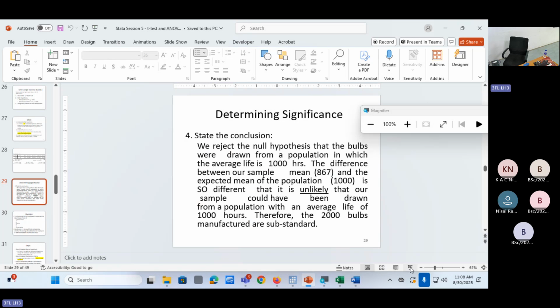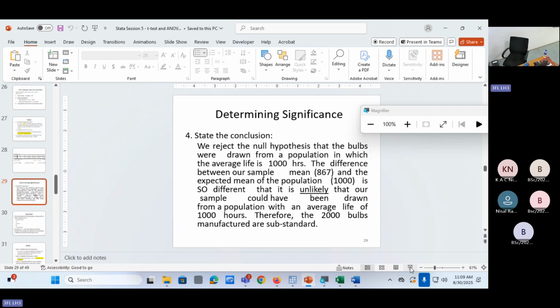So the conclusion is: yes, the sample mean of 867 is significantly lower than the expected 1,000.